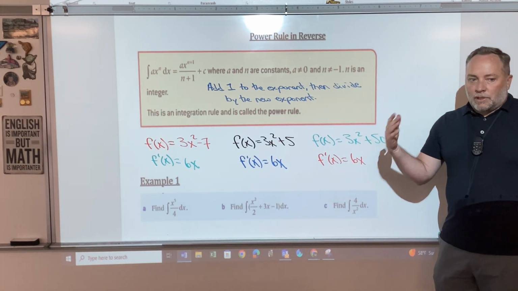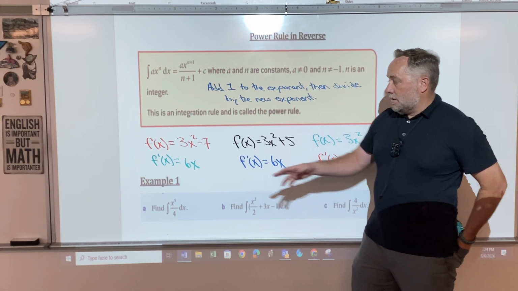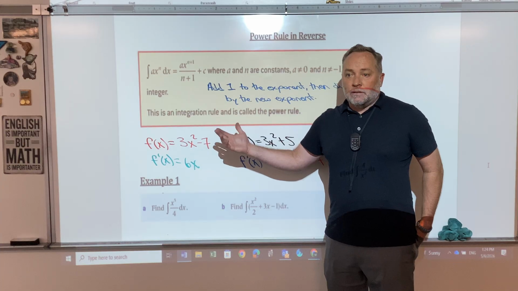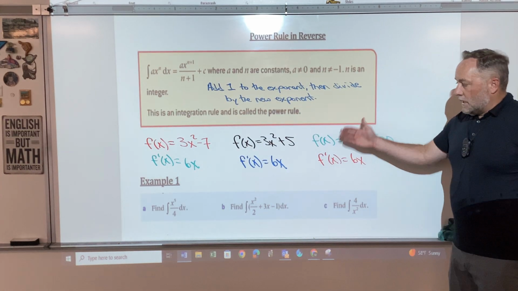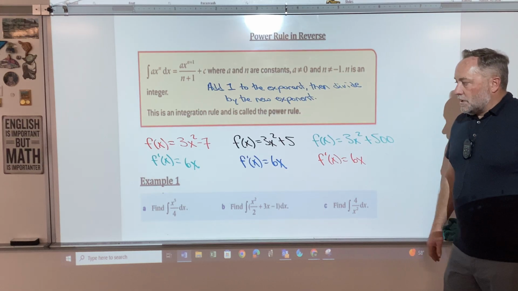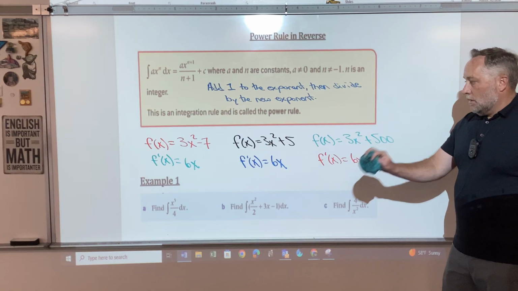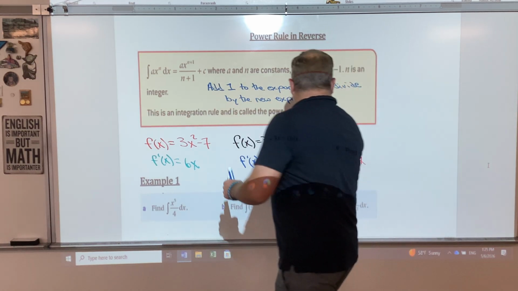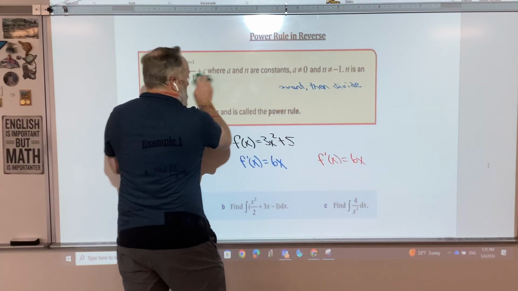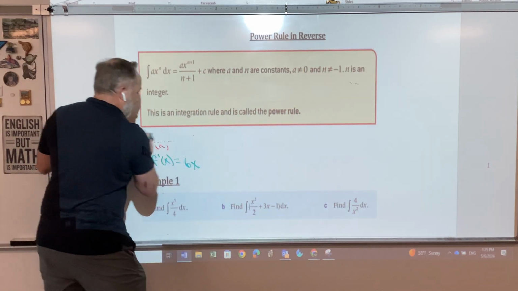You can just say, I know the antiderivative of a certain function is 3x squared plus something, and I don't know what that something is, but I also don't care because I get the same thing if it's just a general antiderivative. We'll readdress c in a second, but let's use that to do the reverse of the power rule on these next questions.